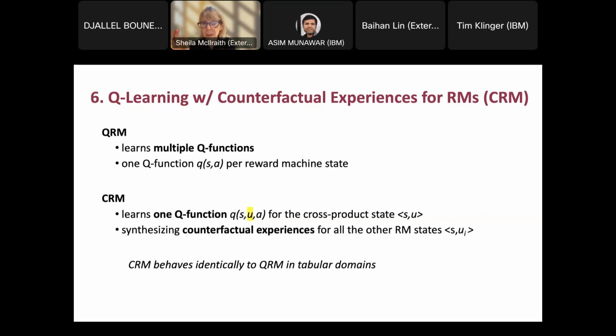The advantage of this is that it's much easier to integrate this type of function into a deep learning algorithm without having to rewrite it extensively, because there's only one Q function that you're learning. And, as might meet with your intuition, CRM behaves identically to QRM in tabular domains.